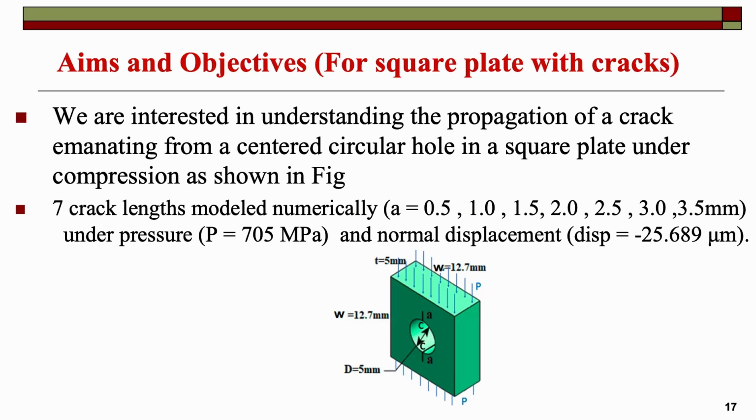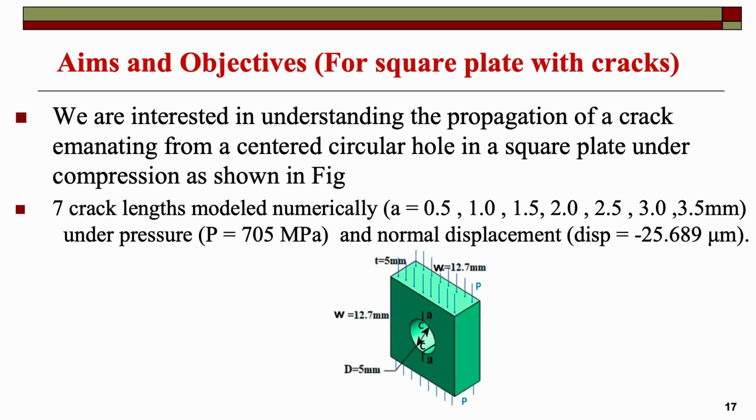So after we know the optimal size of the hole, we get the analysis for the square plate with cracks. We are interested in understanding the propagation of the crack emanating from the central circular hole in the square plate under compression, as we see here.